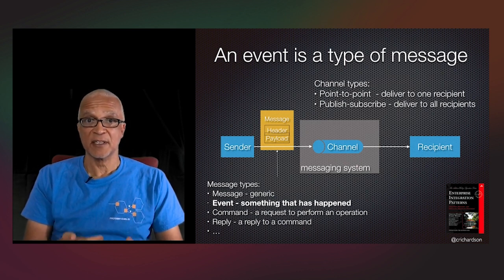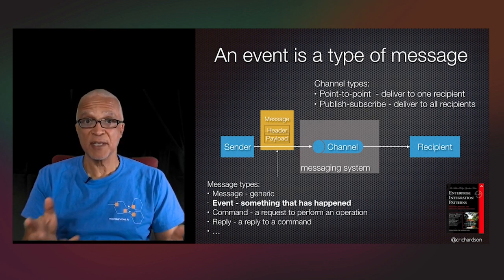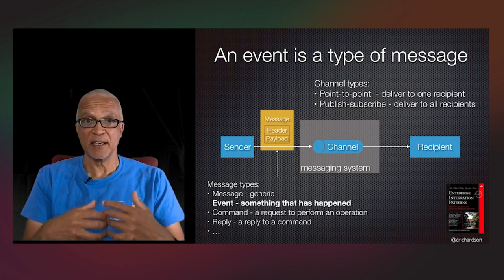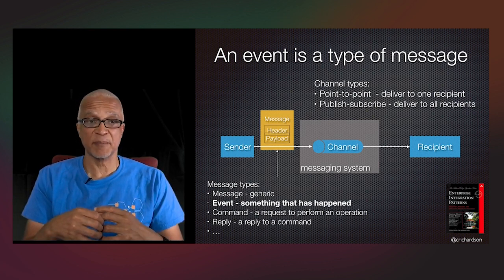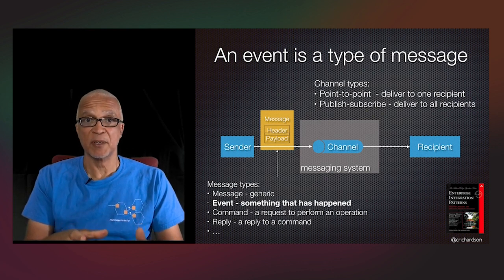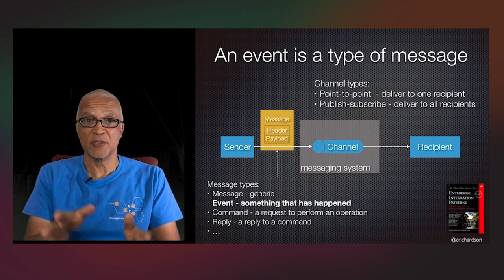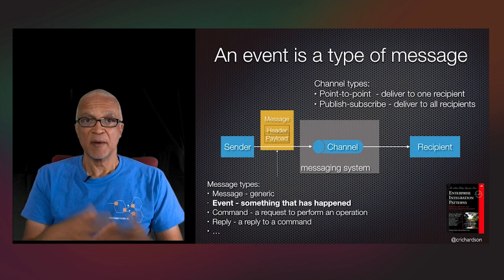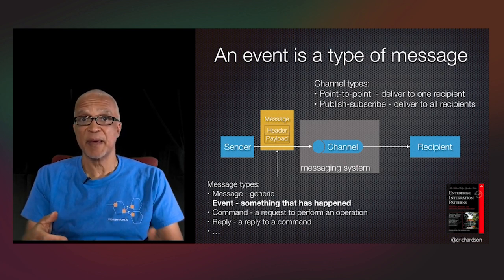A channel is an abstraction of the capabilities of the message broker. There are two types of channels, point-to-point, which deliver each message to a single recipient, and pub-sub, which deliver messages to all recipients. A message consists of headers, also known as metadata, and a payload.